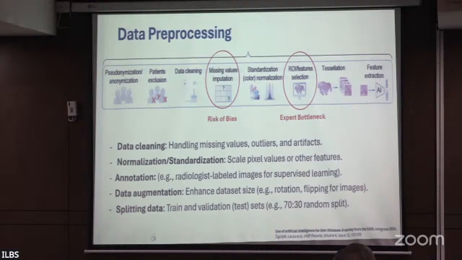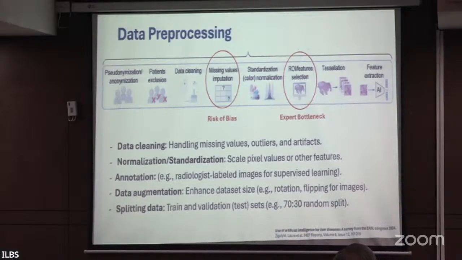This expert bottleneck is the major area, where it takes a long time for the clinician to give that ground truth label. Labels mean the class labels, whether it is benign or malignant, whether it is high risk or low risk, or grading, anything. So this area is the problematic part. When it is done, 90% of the work is done.